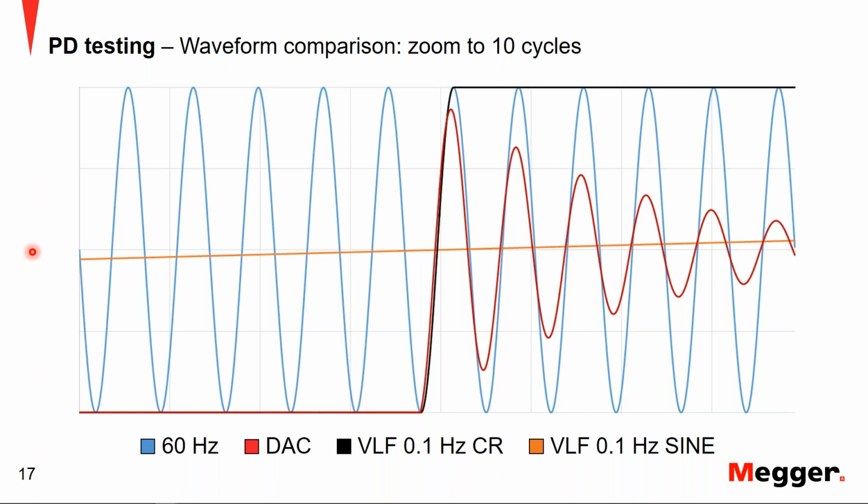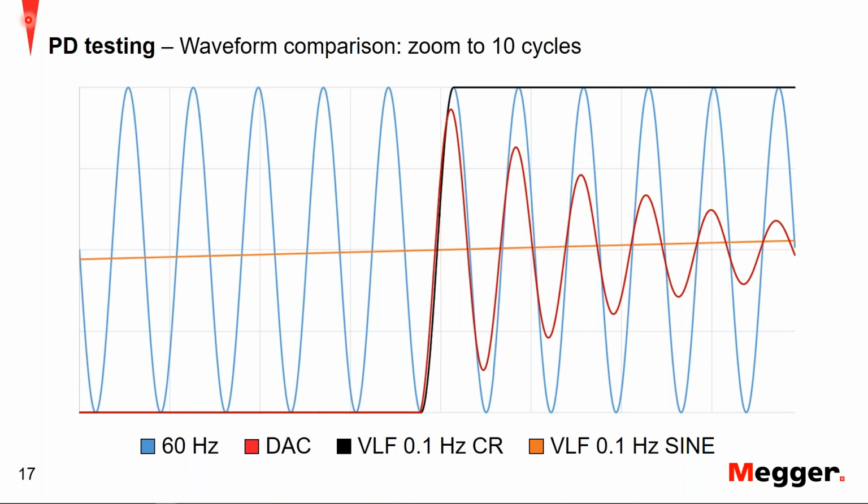Now, the other one I haven't spoken about is our cosine rectangular, where we have our fundamental VLF 0.1 hertz. If we look at this polarity reversal, we can see how it follows that same frequency as our power frequency. So again, showing that it's comparable to power frequency, and that's where we would get our partial discharge measurement and perform our VLF testing during that fundamental 5 second half period.